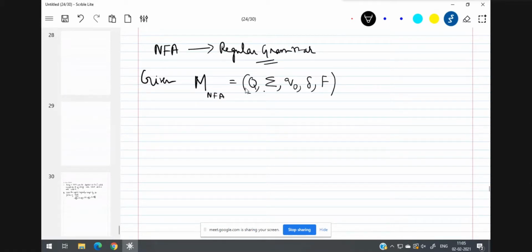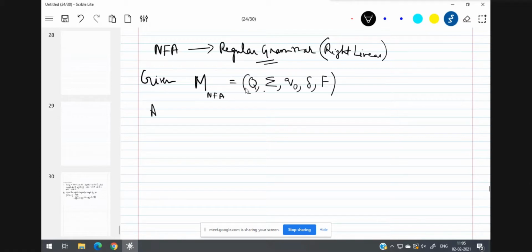This is the regular grammar. Now for convenience, let me construct a regular grammar of right linear form. If you want, you can take left linear also. It's fine, but right linear also has nothing wrong in it. So I'm choosing right linear.